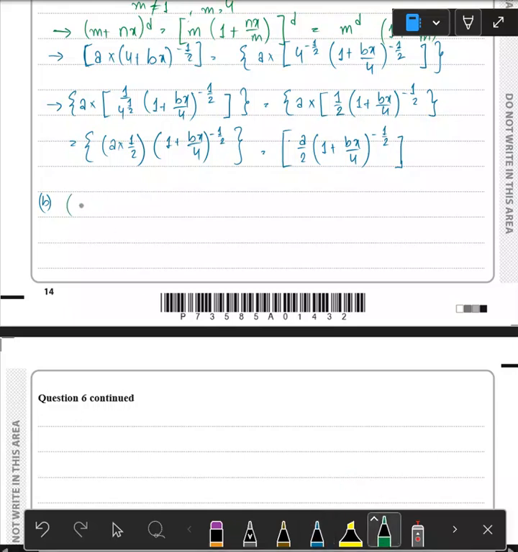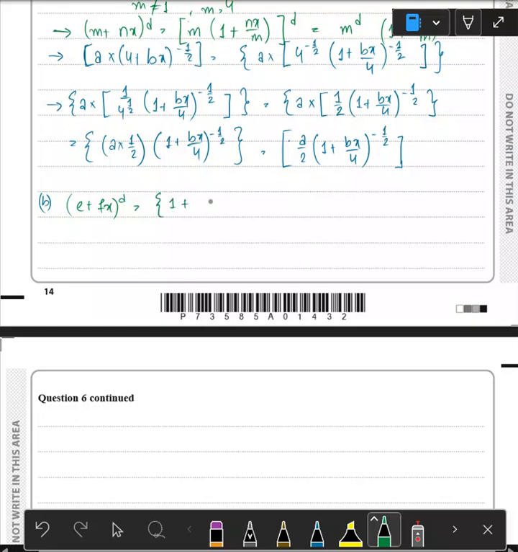So when our expression is, for example, in this form, e plus fx to the power d, where e is equal to 1, you expand it in this way.